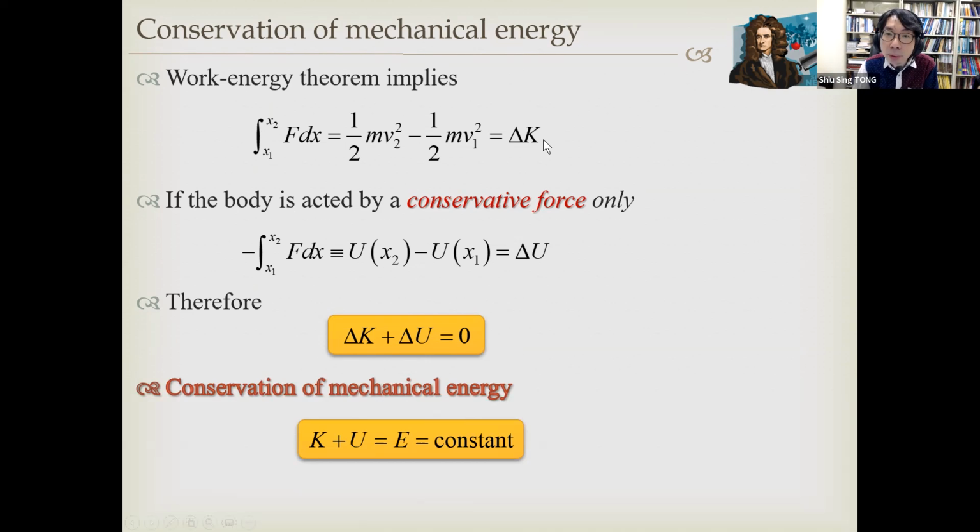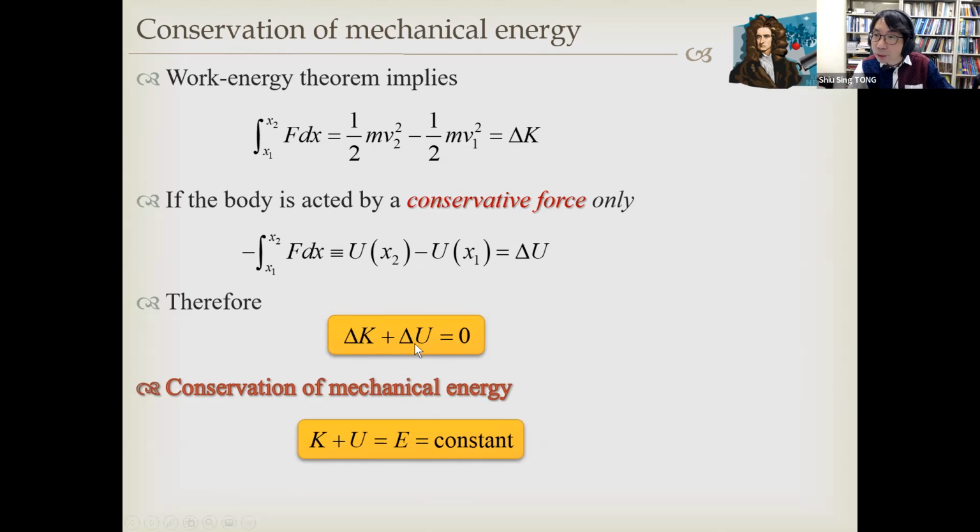So the two equations can be combined like this. We have this integral as delta K, but minus this integral is equal to delta U. So delta K plus delta U is equal to 0, and that is exactly the conservation of energy. Now the delta means a change. If there is any change in the kinetic energy, say a kinetic energy loss, that will go to an increase in potential energy.